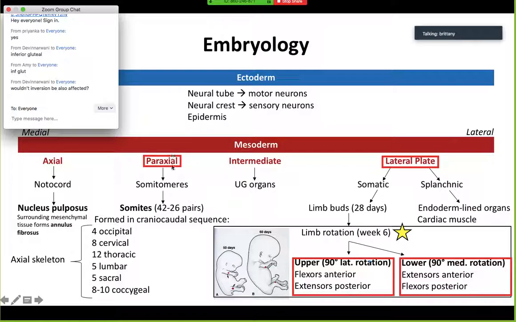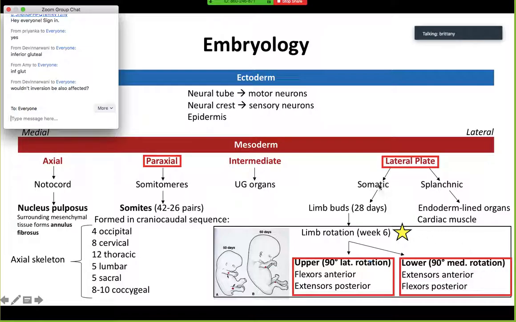Paraxial mesoderm is going to give rise to somatomeres, which form 42 to 46 pairs of somites. These help form the axial skeleton. The somites are going to migrate to each of these regions. And then your lateral plate mesoderm is going to give rise to a somatic mesoderm and a splanchnic mesoderm.